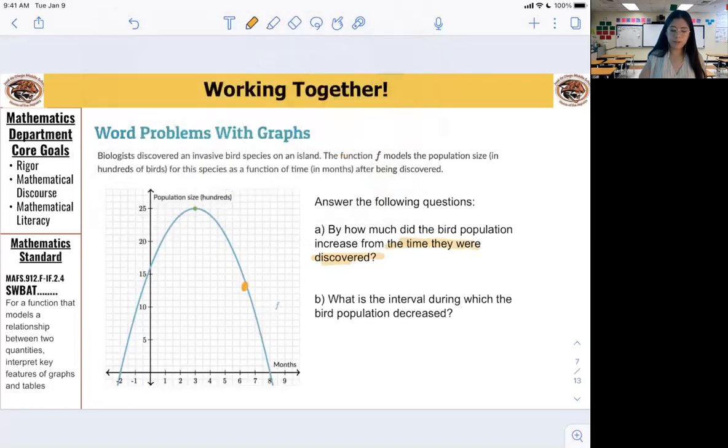Where were they discovered? When there were 6, yeah, where's the beginning? In other words, what point on the graph is that referring to?